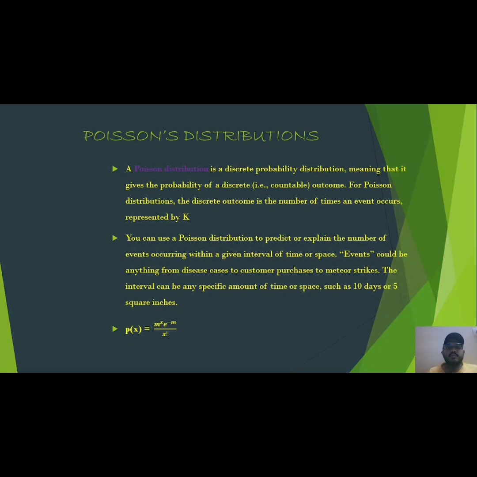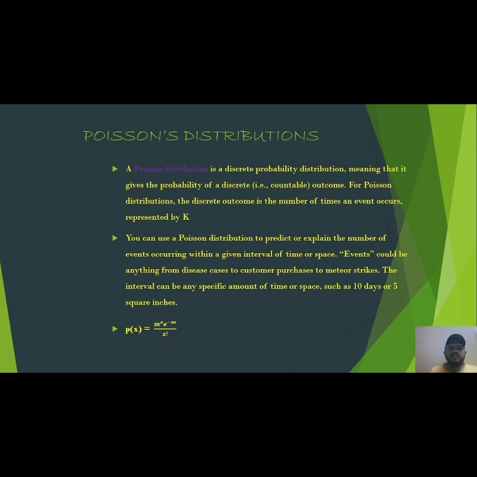Poisson distribution is a discrete probability distribution, meaning that it gives the probability of a discrete outcome. The Poisson distribution gives the number of times an event occurs, represented by k.